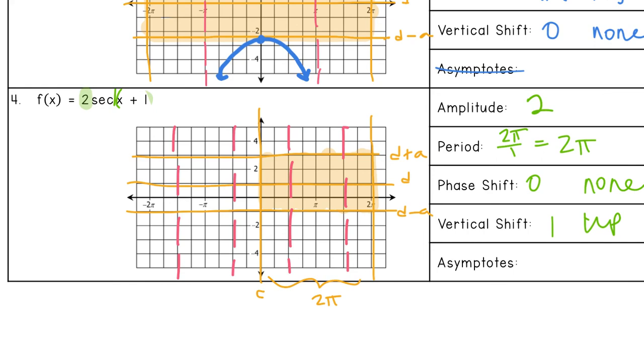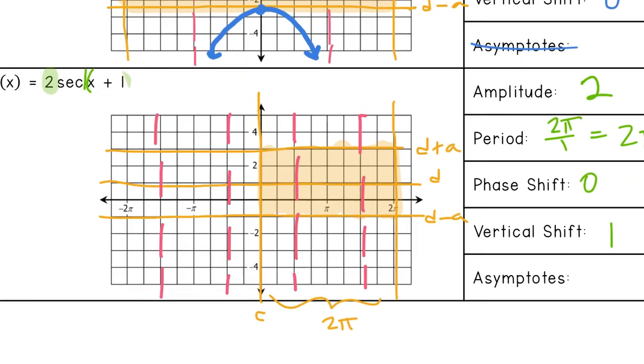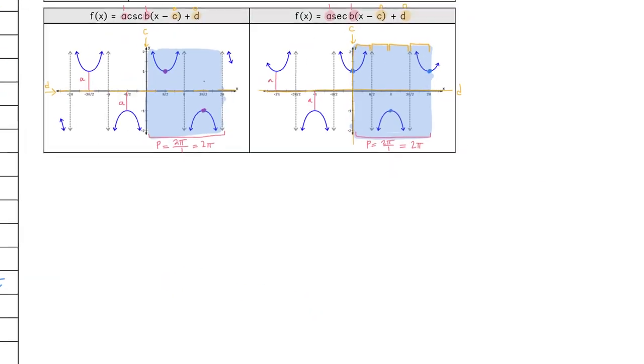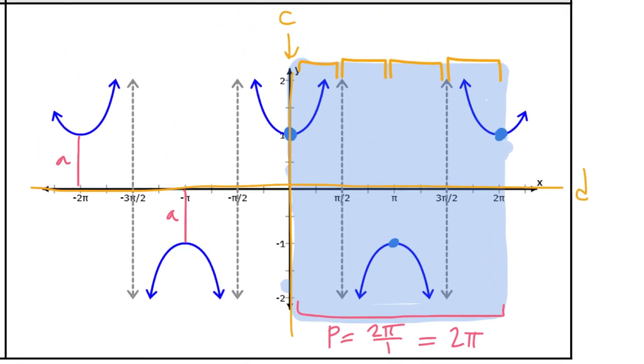Okay, so those are my asymptotes. The other thing about this graph is it starts at the upper reference point and has a parabola pointing upwards. In the middle, it starts at the lower reference point, has a parabola pointing down, and then back to our upper reference point, parabola pointing up. But I only did exactly what is highlighted here in blue.